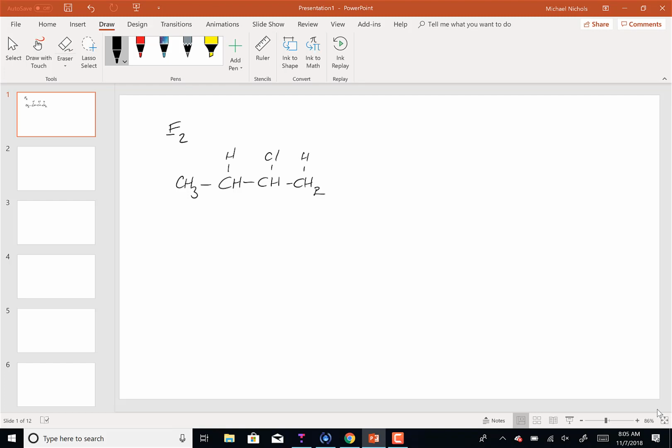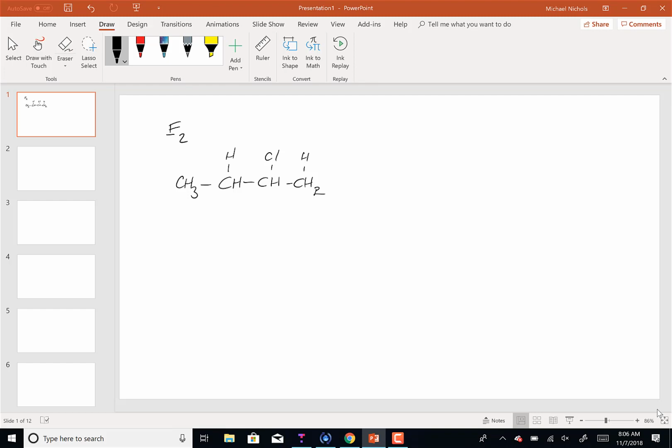We'll work with 2-chlorobutane. So when this was E1, the alkyl halide was the only molecule that was involved in the rate determining step. Because the rate determining step for E1 is still the formation of the carbocation.